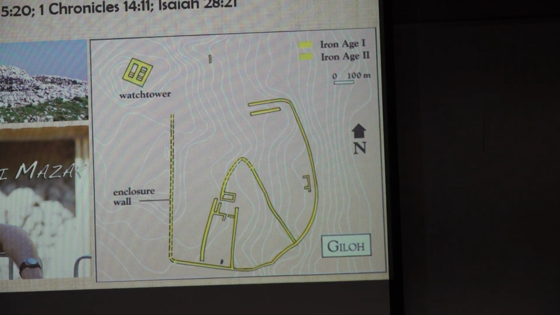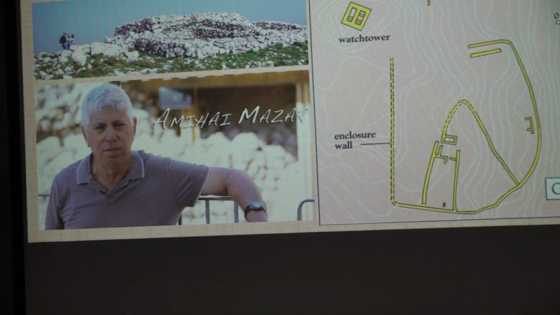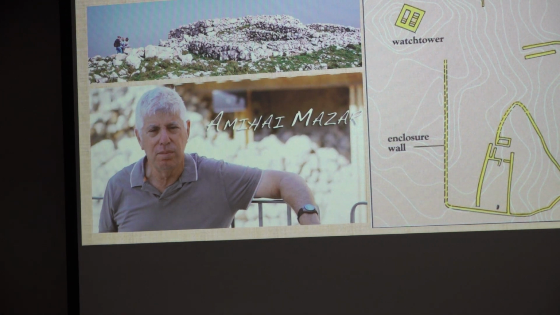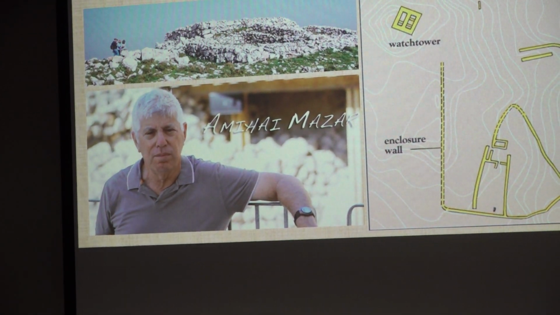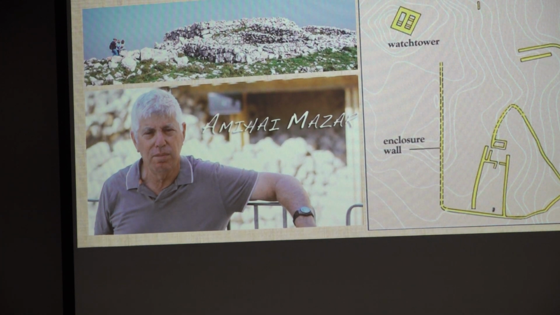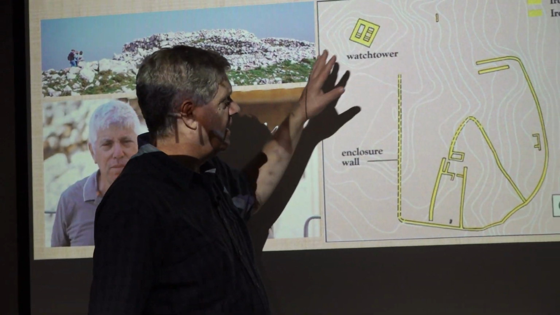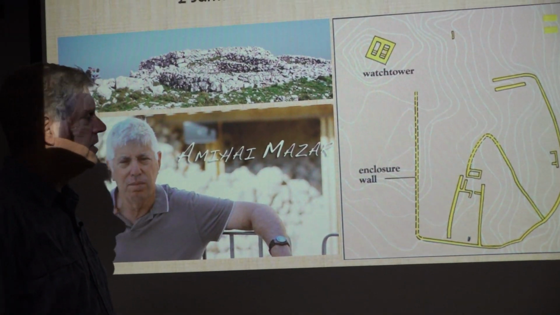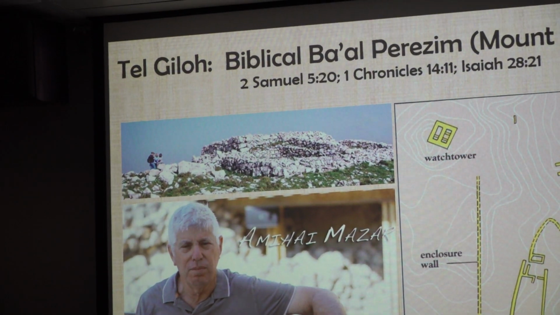Now, the person who excavated Gilo was Ami Mazar, one of my former professors when I was in Israel. And Ami Mazar did a very good job excavating this. And today, unfortunately, there's an Israeli housing development around it, but it's preserved, the site itself.